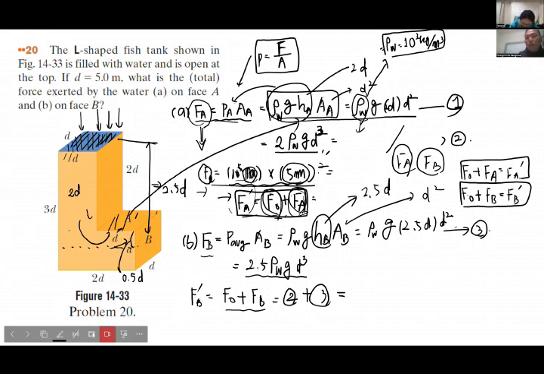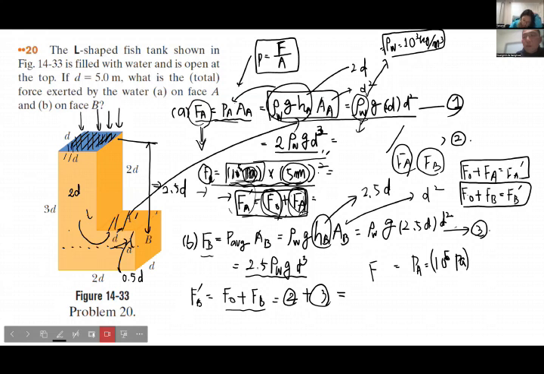Okay, so F naught is normally given by this number, that's a constant value. The atmospheric pressure is normally 10 to the 5 Pascal. That's the unit of pressure. And in order to find the total force exerted on the surface of the container, you should apply the area of the open container.